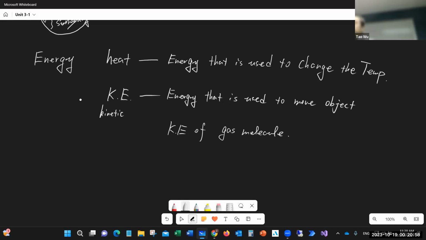The next energy we also talk about is the potential energy. When we talk about physics, potential energy is the energy that's stored inside of an object.